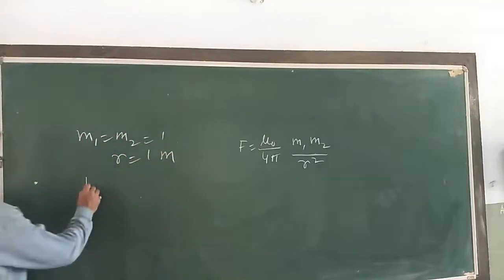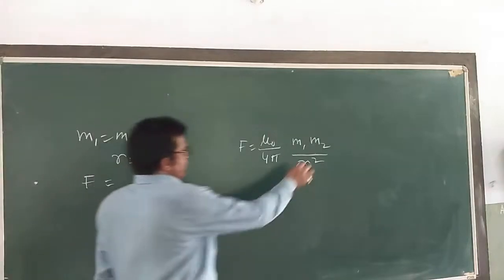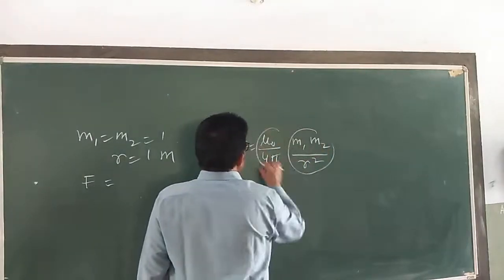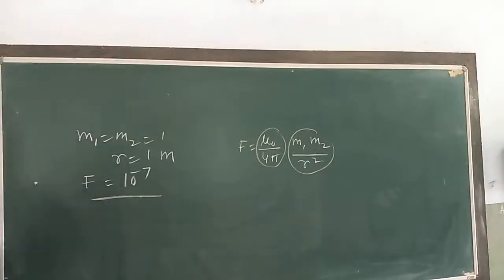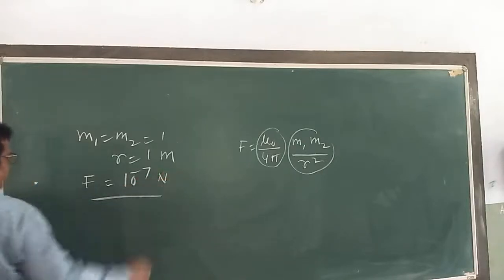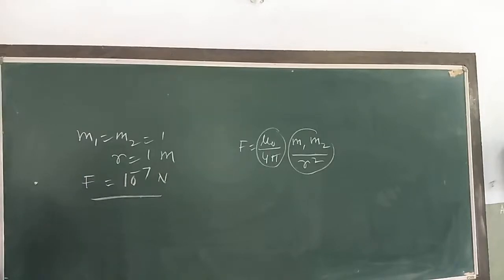Then the force experienced, as these all are 1, is 10 raised to the power minus 7. Suppose the force is 10 raised to the power minus 7 Newton, then put all the values in.